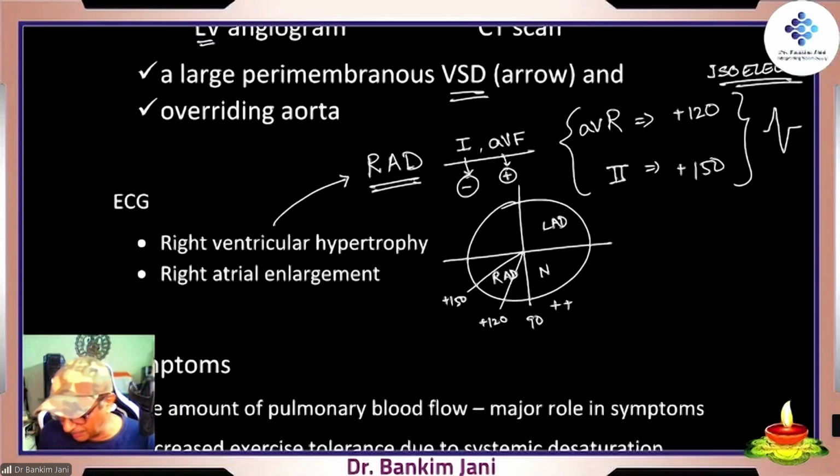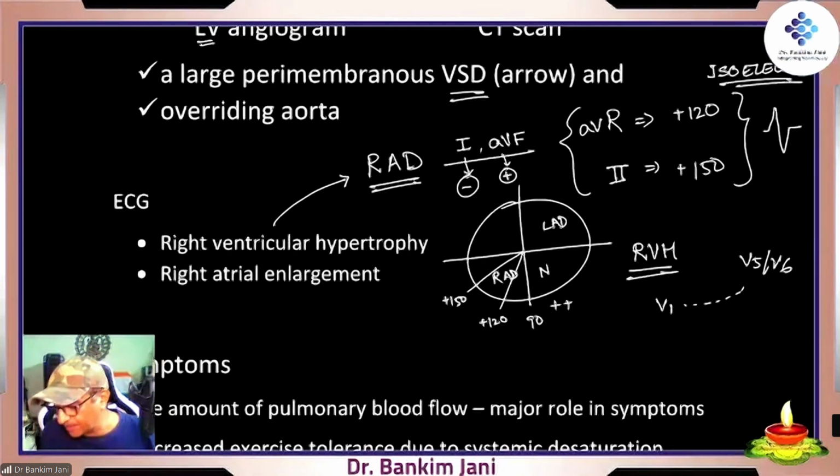Well, again, a matter of 10 seconds. For right ventricular hypertrophy we go to the chest leads, right? V1, V2, V3, V4, V5, V6. V1 was here, all the way up to V5 and V6. Now R is rising and S is sinking, right? R means there will be tall waves, S means there will be deep waves. The right side of the heart is big, so there will be massive current.